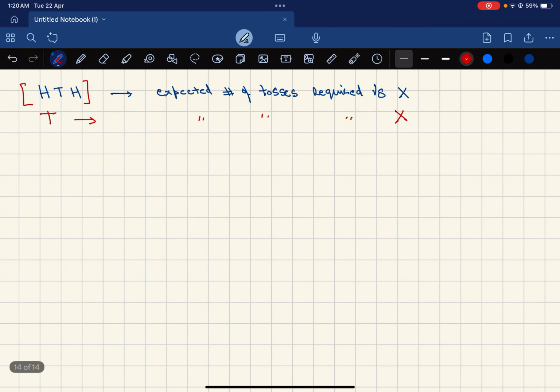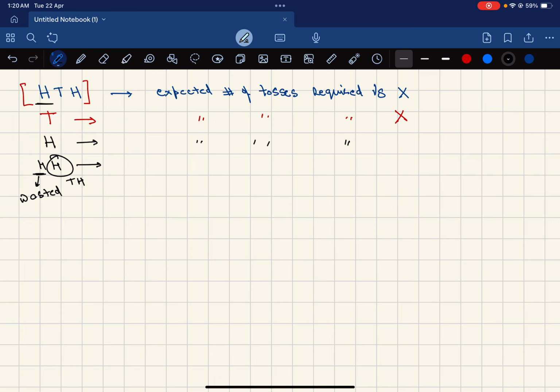Now let us say we have our first toss as head. Then what is the expected number of tosses? Since we have already started this series from H, now we only need TH. But it is possible that we can have H and then H. So this particular H gets wasted since we again have to start with this H as the first H, and we would still need a T after this.